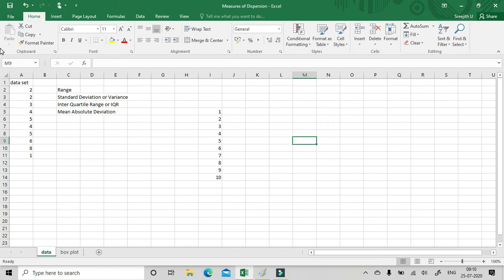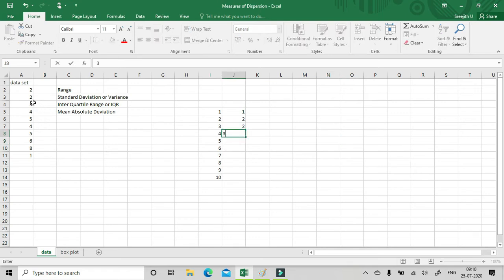Alright, so let's arrange in ascending order. Lowest value here happens to be 1. Then we have two 2's. No more 2's. Then we have a 3.